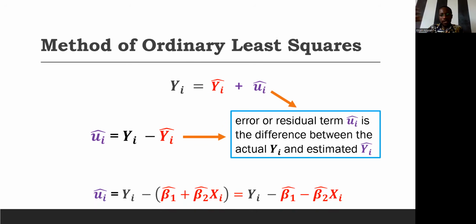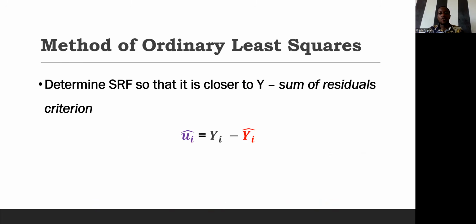Now we bring back what the estimated really means, simply beta 1 hat plus beta 2 hat x. We substitute that in, and we have the actual y minus beta 1 hat minus beta 2 hat x. We want to determine this sample regression function so that it is very close to the population.